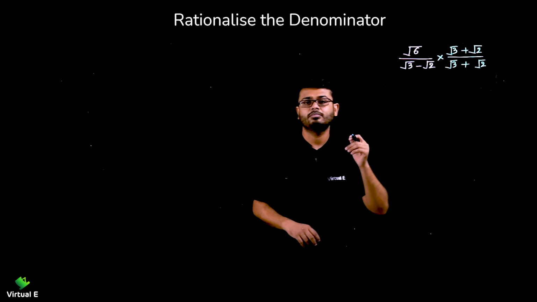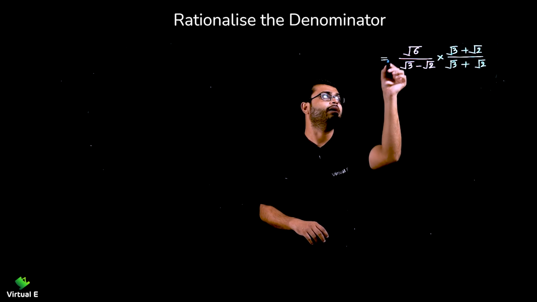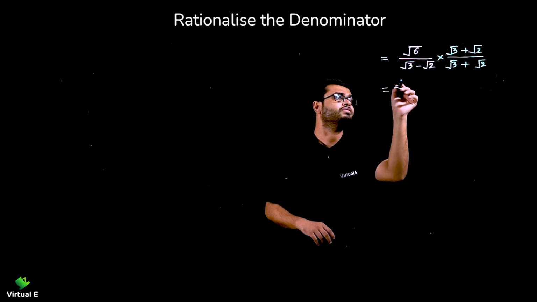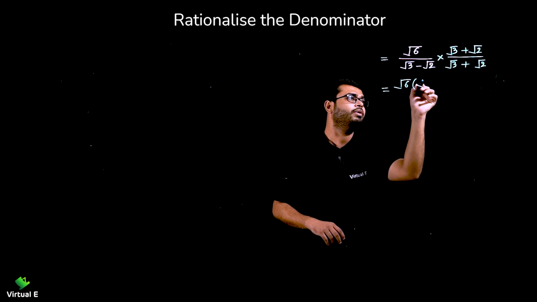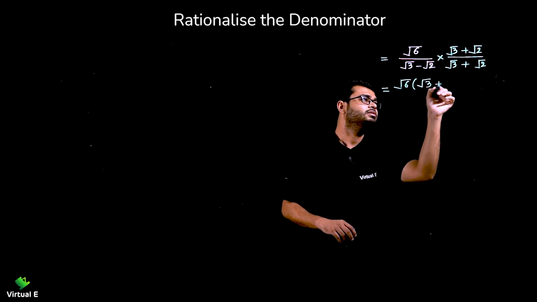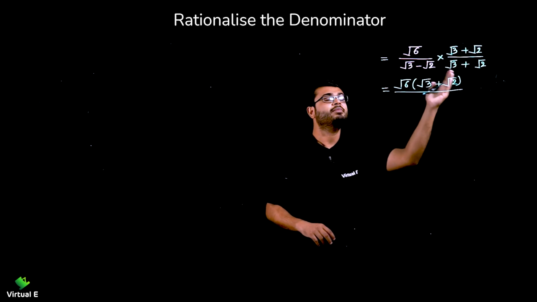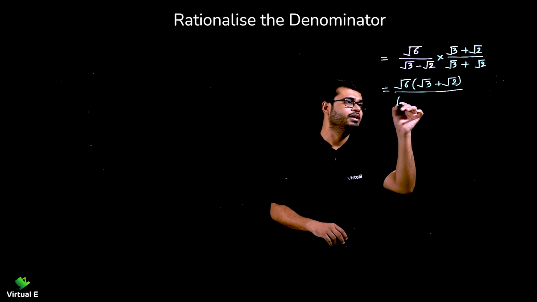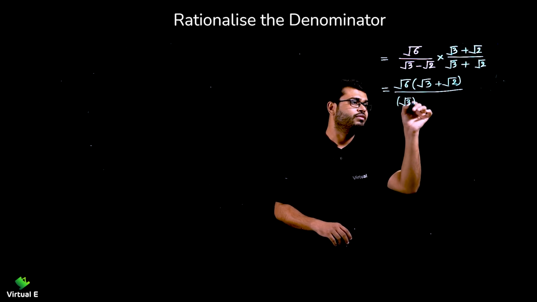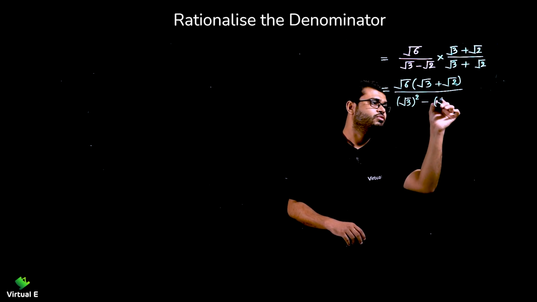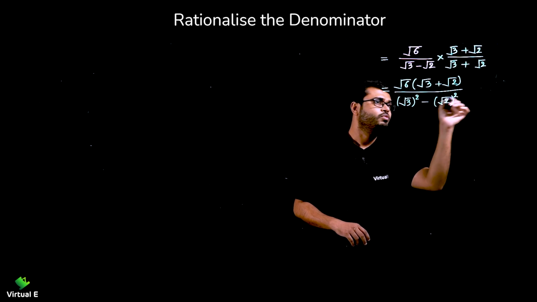Now let's start with the product we are supposed to multiply. So here square root of 6 and in brackets square root of 3 plus square root of 2. That being done, let's talk about the denominators, that is the a minus b and a plus b forms. So I told you we can write here, let's write square root of 3 whole square minus square root of 2 whole square as well.